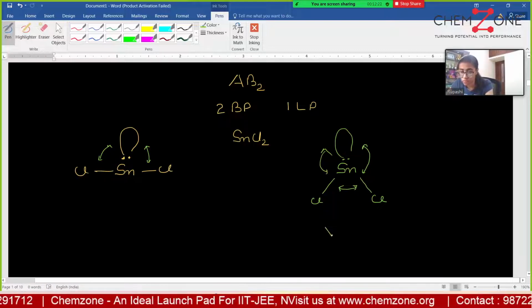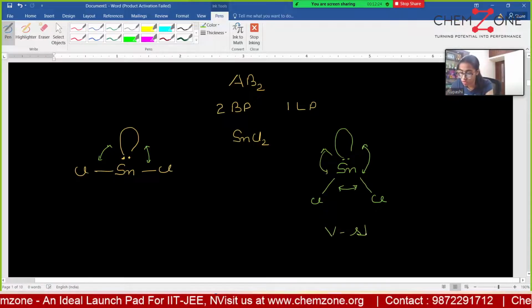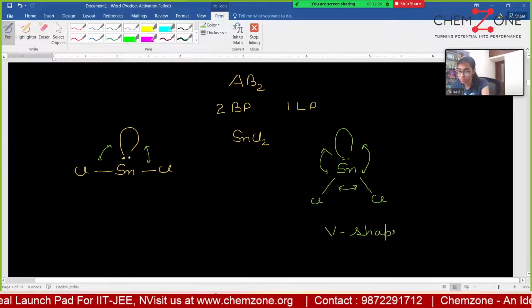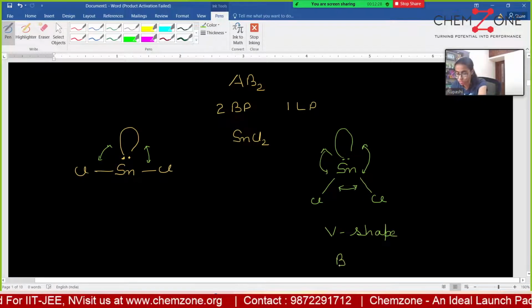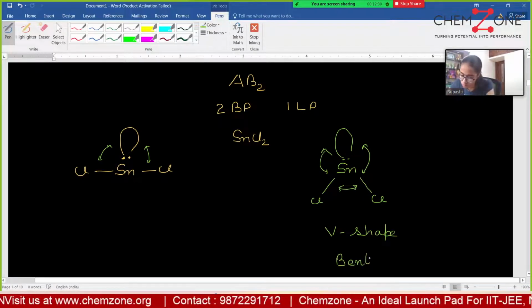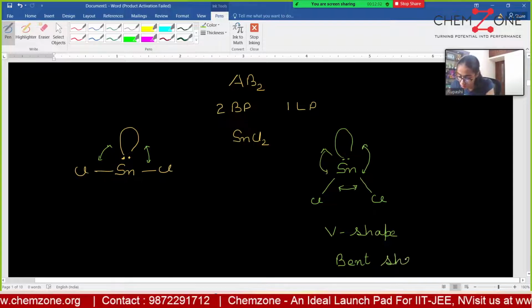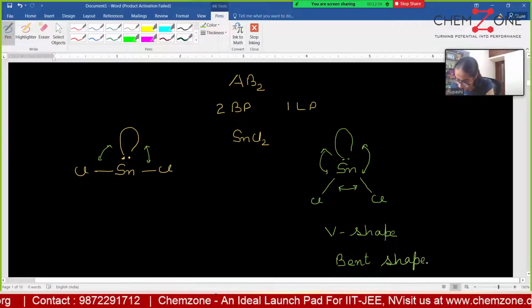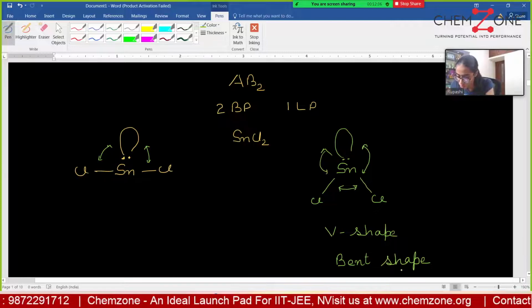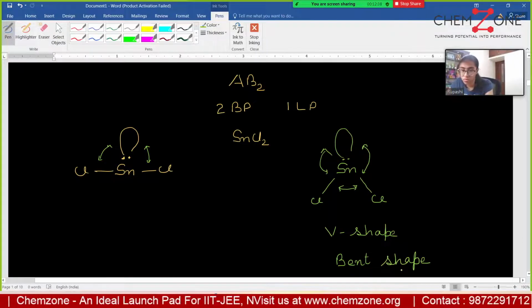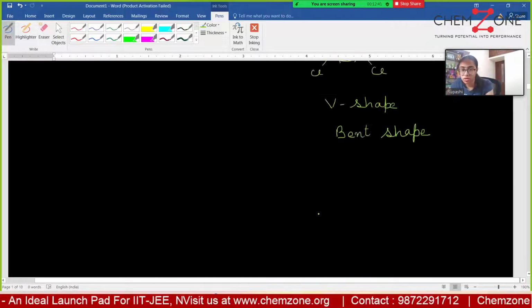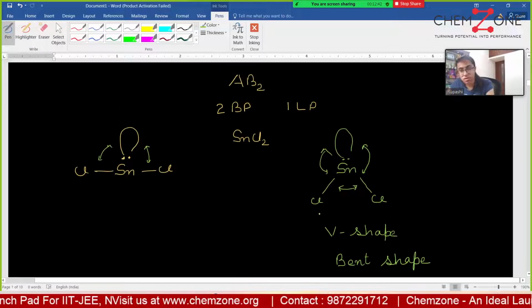So this shape is V shape or bent shape. I hope it's very clear. Should I go ahead?